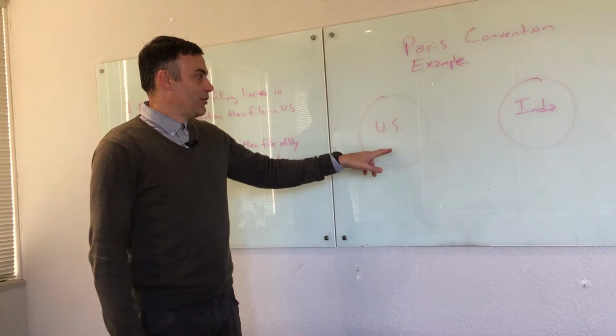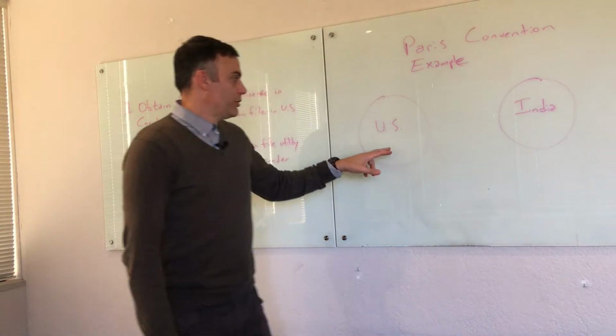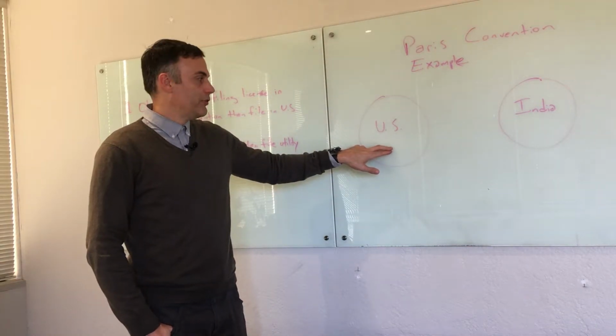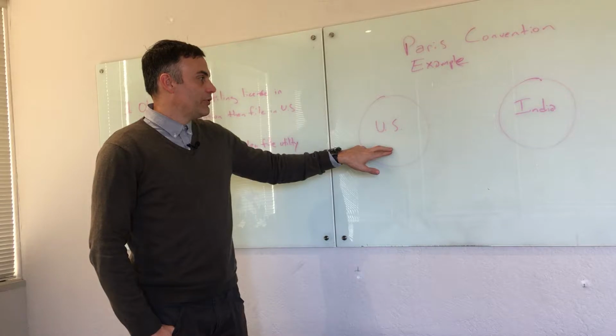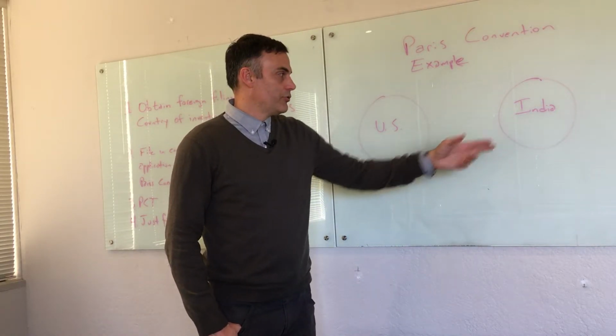It's the same thing if I file in the United States and I want to file abroad, for example in India. I would give the application to the US Patent Office, and receive a foreign filing license after they review it, to file in another jurisdiction.